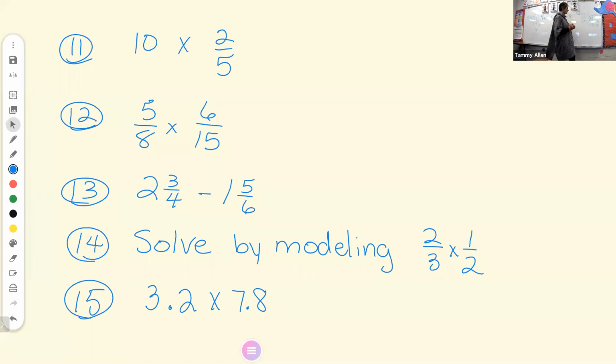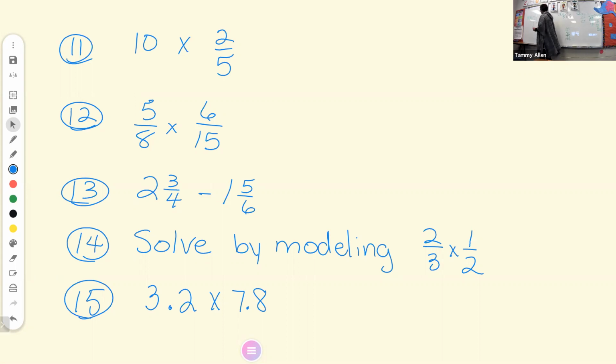When you subtract 42 minus 20, you get what? 22 24ths. Is that in lowest terms? No. We would divide by what? 2 over 2, and that gives us 11 12ths. Did anybody come up with 11 12ths? Okay. Should get 11 12ths.